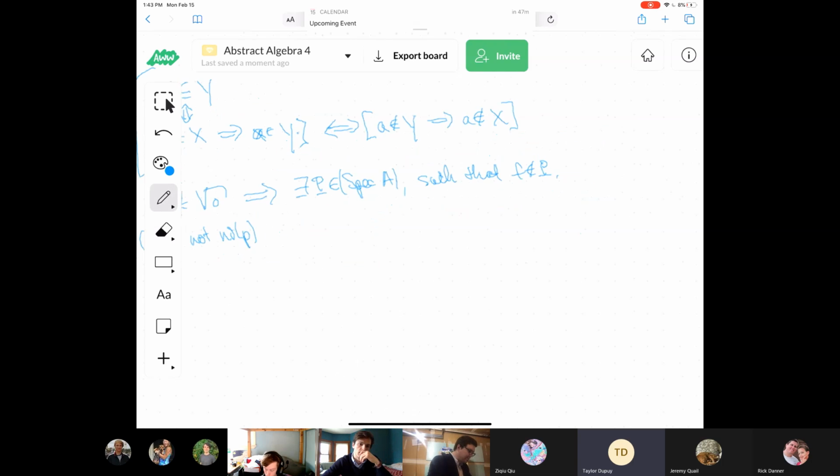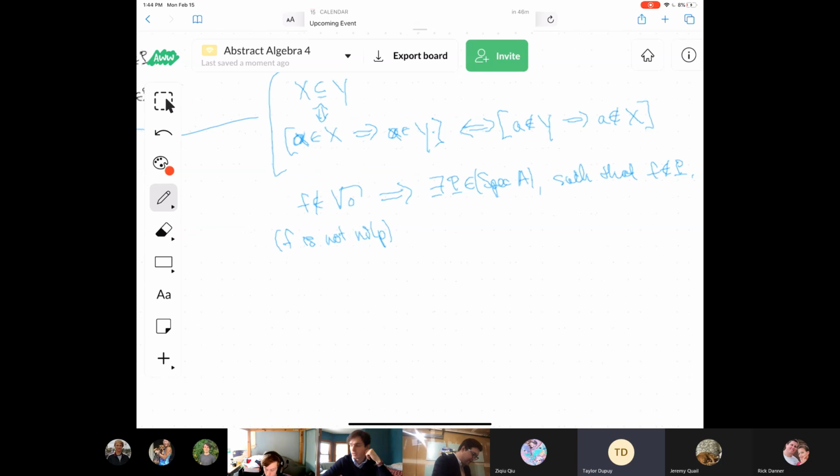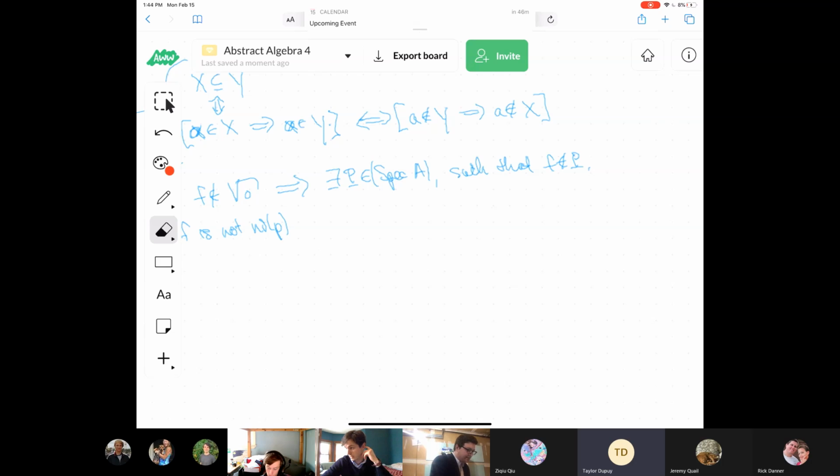And I just want to make a little point about negation. If I do the negation of the whole thing, actually, let's do the contrapositive of the whole thing. To negate a statement like this, you flip the quantifier and then flip the statement.